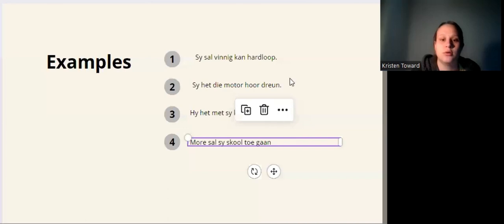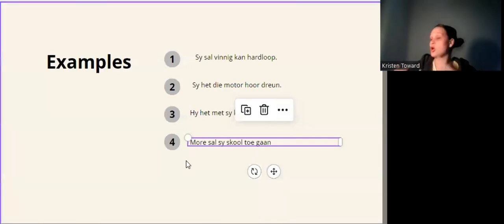Then if we look, so example 4, môre sal sy skool toe gaan. So if we look at that, môre, it's our future tense. So we have a look at it, we have sal, we have gaan as our verb 1, so we move it back. And môre is tomorrow, so we need to bring it to today.